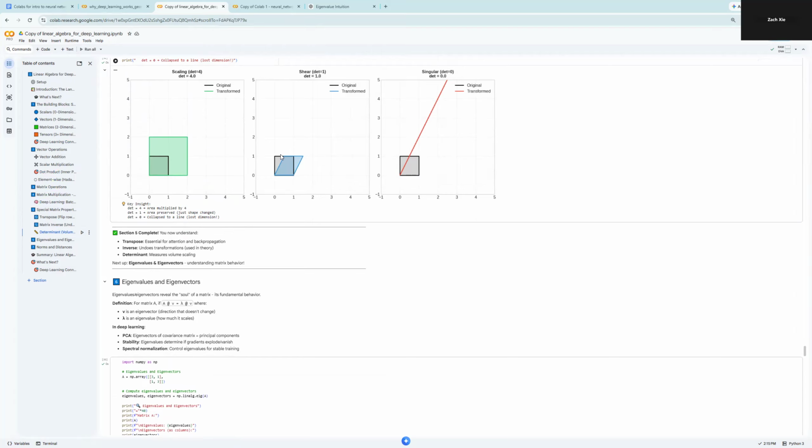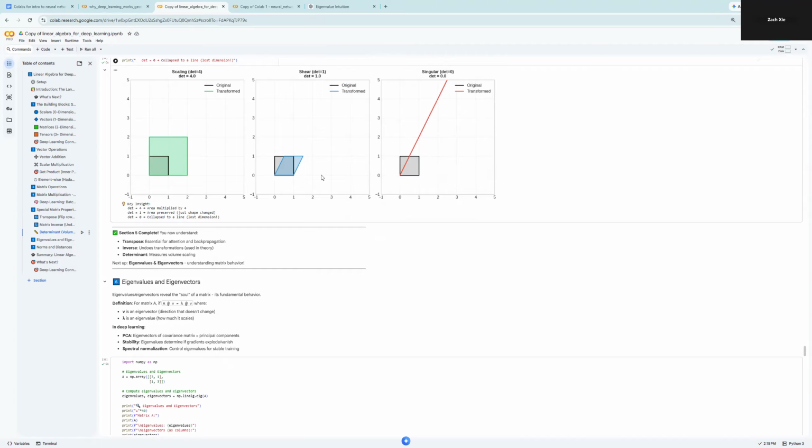So for example, with this linear transformation, the perpendicular direction gets changed, but the horizontal direction does not get changed.